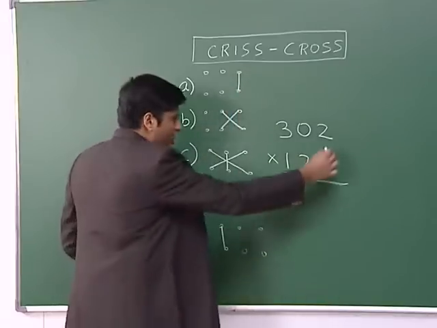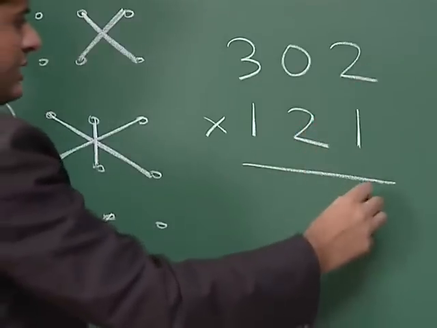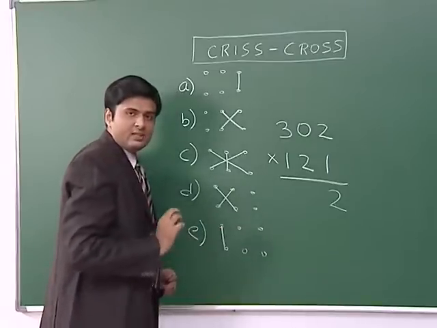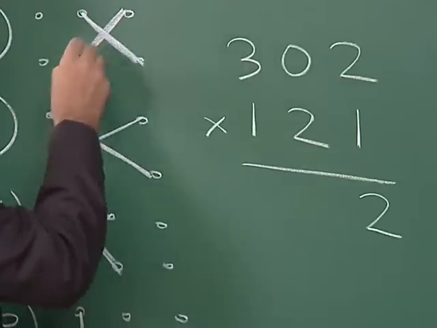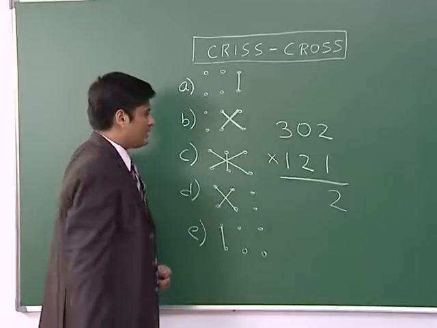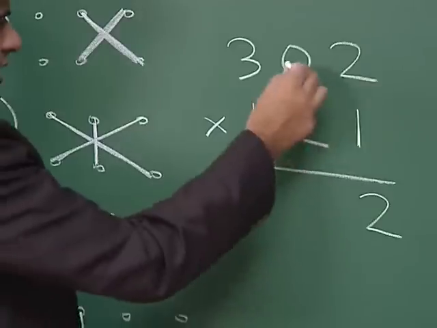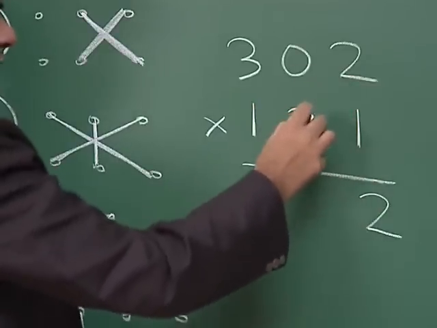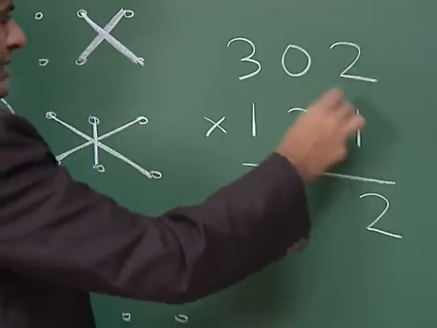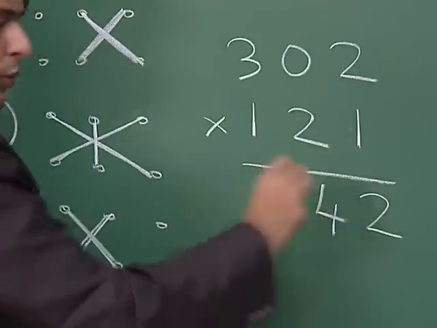Here I have 2 times 1 is 2. The second step says cross multiply like this and like this. We will add both the answers. So 0 times 1 is 0 and 2 times 2 is 4. 4 plus 0 gives me 4.